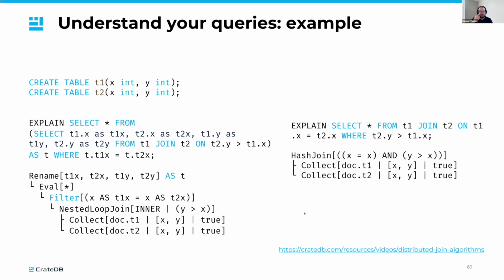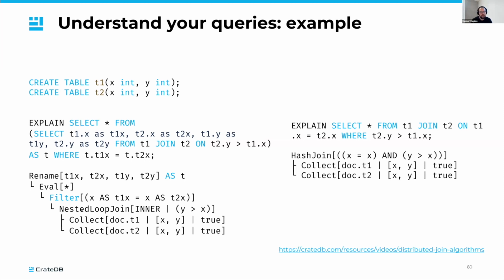So let's move on to something a bit more complex, which is a join. Here we are using two tables and we join them together on the respective columns. The logical plan that you get from here is, of course, collect phases, because you need to get data from both tables.